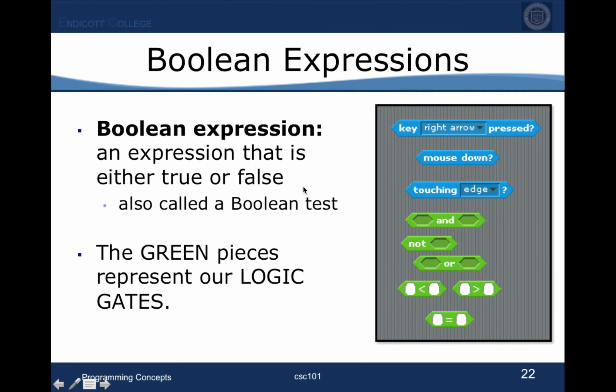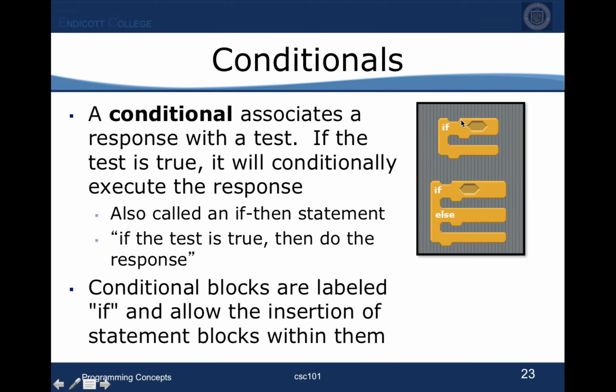Now, these green guys, for the most part, are going to probably be plopped into something like this, where it's like, okay, so if the mouse is pressed, or if it's touching the edge, then do some stuff. So these are called control pieces. The orange pieces are called control pieces. And I'm going to sometimes have a need to ask conditional statements.